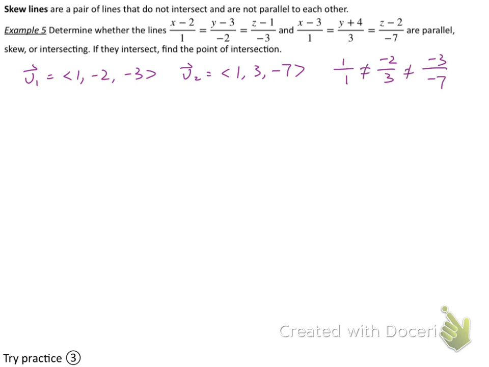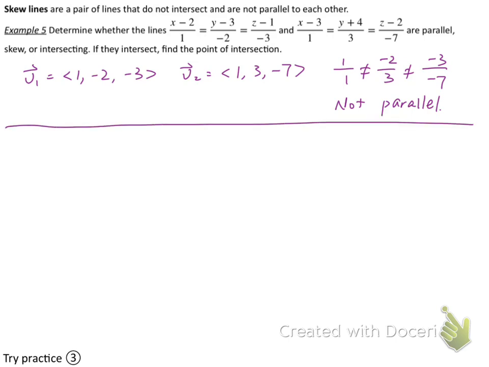They have to all equal the same number to make the two lines parallel. So not parallel. Actually, parallel is easy to verify. Intersecting is not. How do you see whether two lines are intersecting each other?